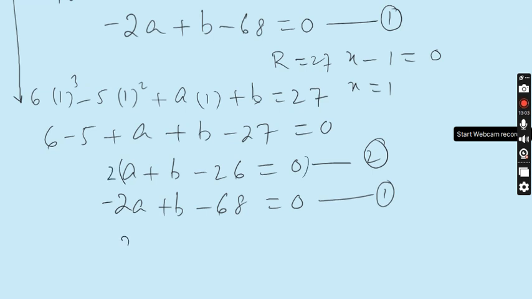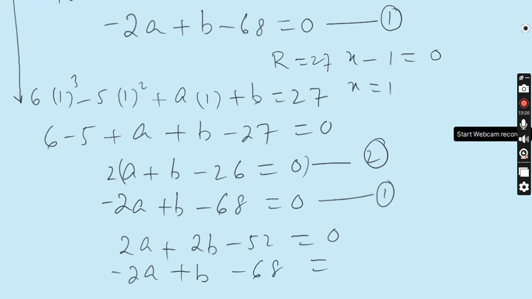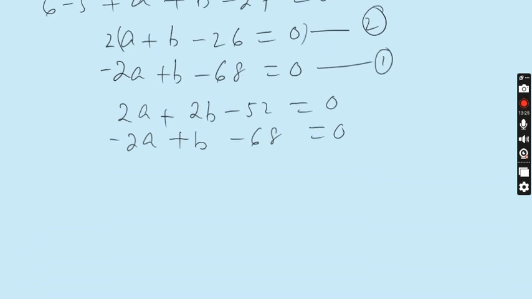So 2a, 2 into b is 2b, 2 into 26 is 52, is equal to 0, and equation number 1 remains the same, minus 2a plus b minus 68 is equal to 0. Add these two equations.